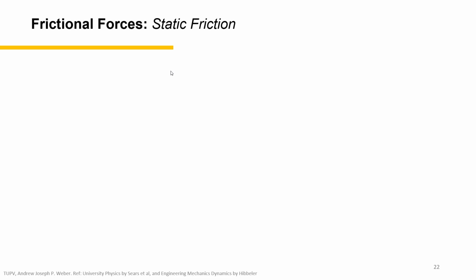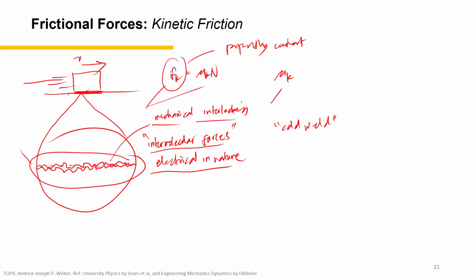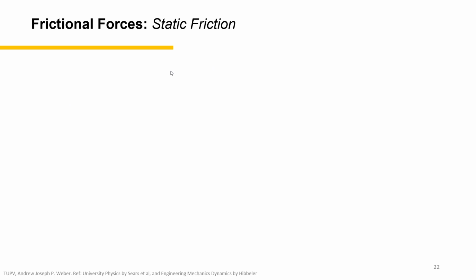A box sits on top of a given surface. So if you try to slide a box across this surface, this box may not move at all. It is because there is, of course, a force that counteracts the applied force.